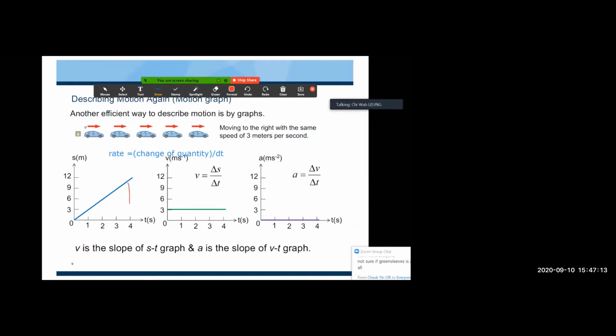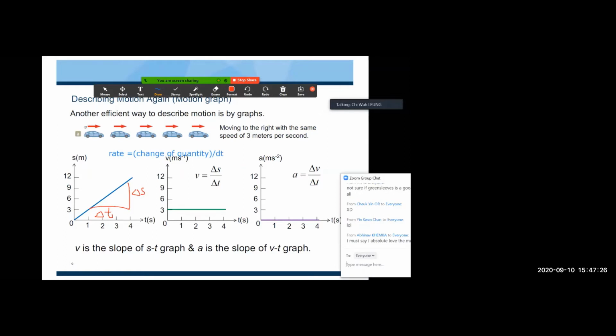delta s, over a certain period of time, delta t. Well, I hope you understand it is a straight line. So this is the meaning of the velocity, which is basically representing the slope of this line. And similarly, acceleration is delta v over delta t.